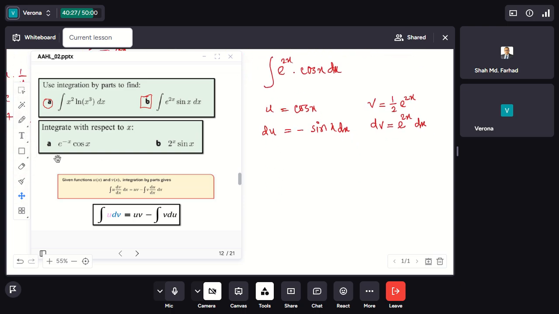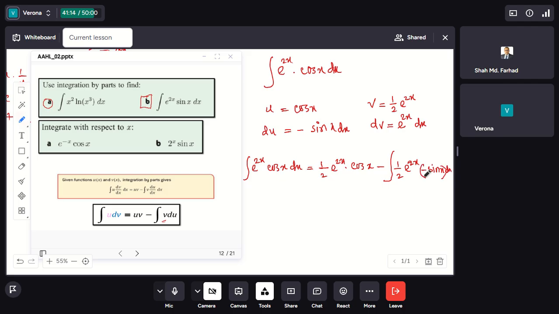Now again, if we substitute these values, then e power 2x cos x dx equals uv, that is 1 over 2 e 2x cosine x, and the negative integral of v, which is 1 over 2 e to the power 2x, and then du, that is negative sine x dx.